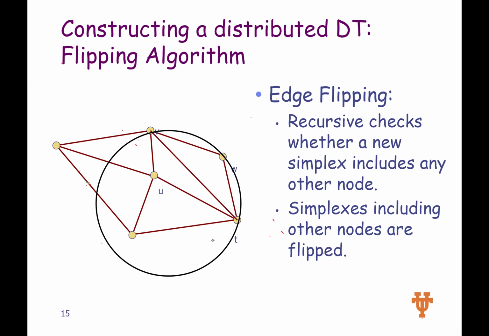So it includes U in the circumcircle, and U will give another triangle with the edge V and T. So we need to flip VT with U and W. It's like it starts from a triangle, and every time a node joins, it just randomly connects the new node with two existing nodes and checks if this new triangle follows DT. If not, flip. Yeah, right.